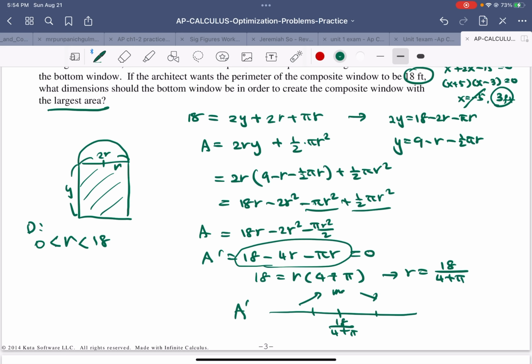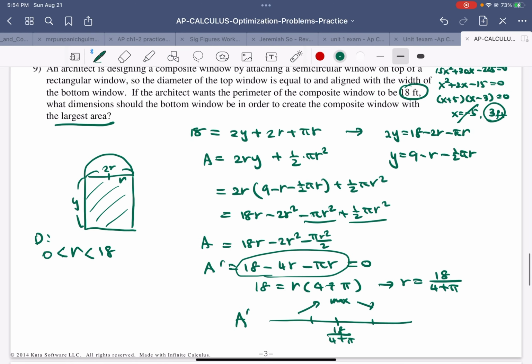So you have a maximum area. Okay, that's the justification. They ask what is the dimension. So that r is that one. So actually this one is 2r, so 36 over 4 plus pi, because double r, right? Twice of that.